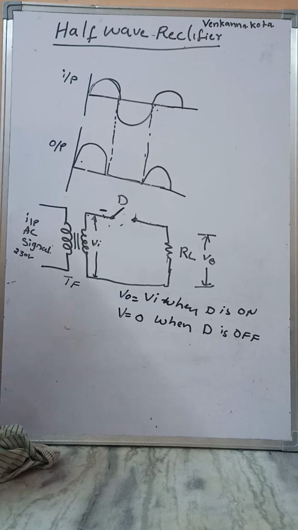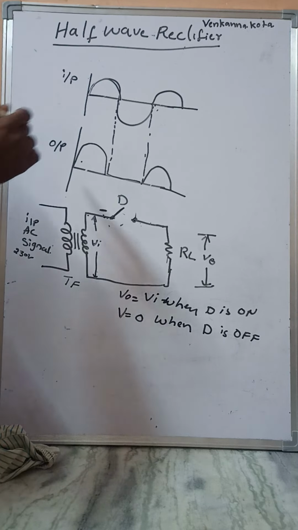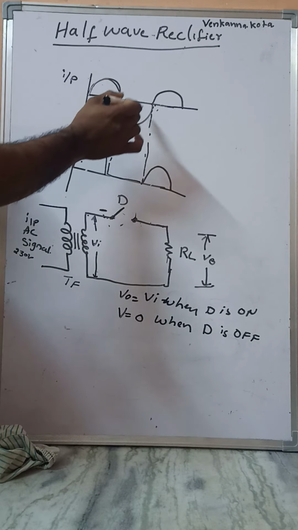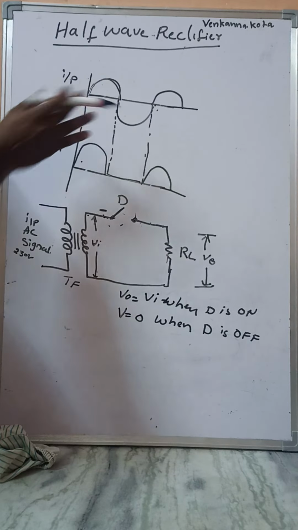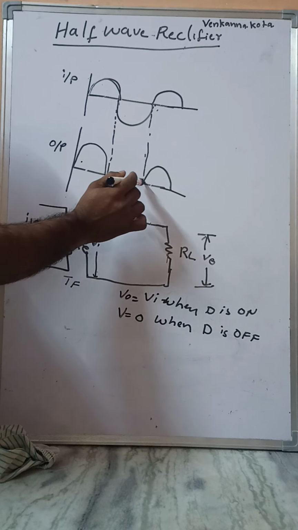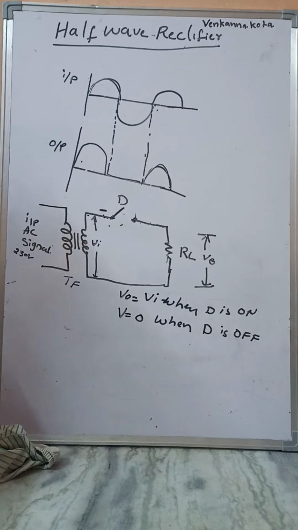From this diagram, the input is bipolar, with positive and negative polarities, which is converted into a unipolar signal. A rectifier is also known as a device which converts a bipolar signal into a unipolar signal. This is the basic operation of a rectifier.